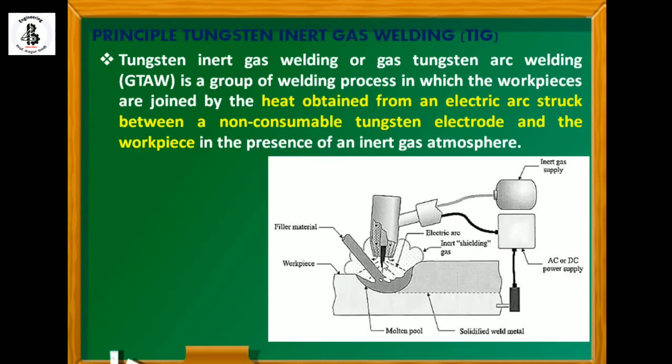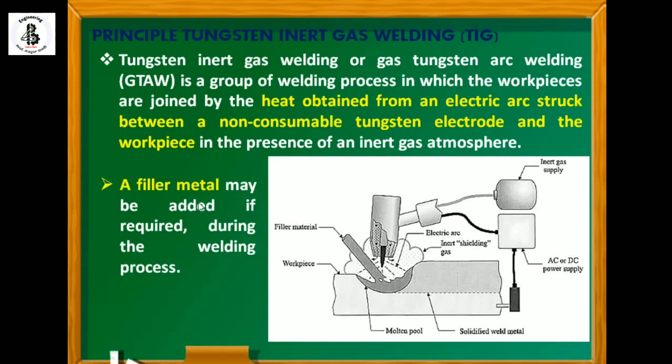Such a process is applicable to almost all materials. The inert gas welding process, or you can say gas tungsten arc welding, or GTAW, is a group of welding processes in which workpieces are joined by heat obtained from an electric arc struck between a non-consumable tungsten electrode and a workpiece in the presence of an inert gas atmosphere. A filler metal may be added if required during the welding process.